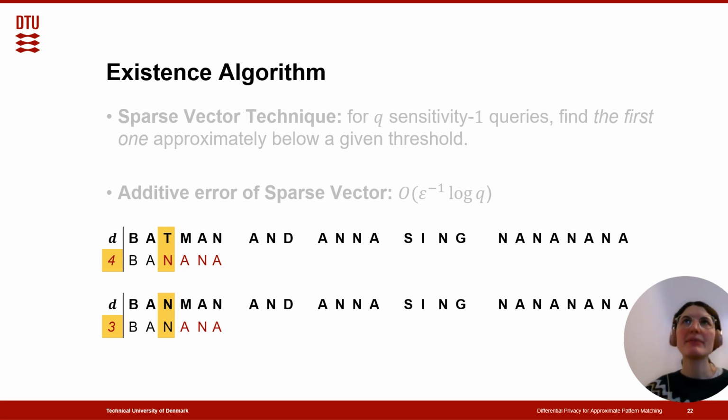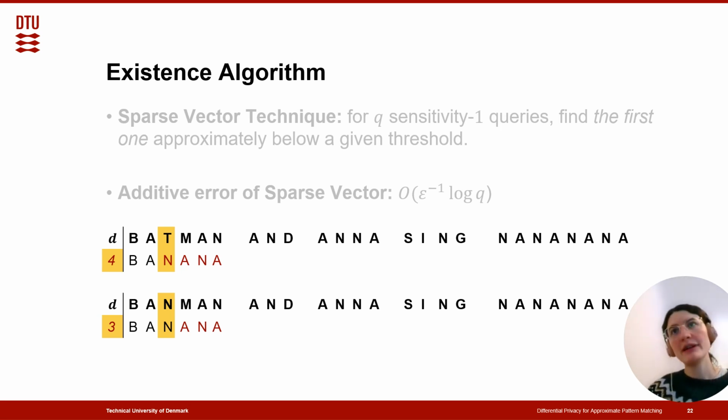As I said before, computing only the Hamming distance between the pattern P and one substring of S has a sensitivity of 1. So our queries are just computing the Hamming distance between the pattern P and one substring of S, and then the substring changes. This will give us multiple queries. So for solving existence, we only want to find one substring which has a distance at most k or slightly larger than k.